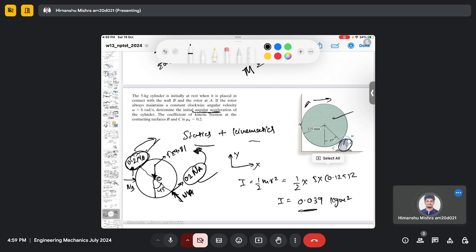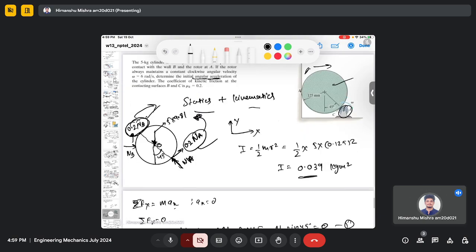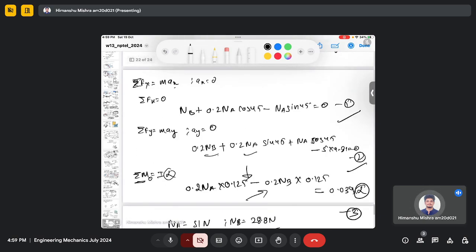So from this data we inspect that we need to solve the force balance equation, and here the force balance equation or the moment balance equation is not in equilibrium. For this question, the moment balance equation is not in equilibrium because it has a finite angular acceleration.